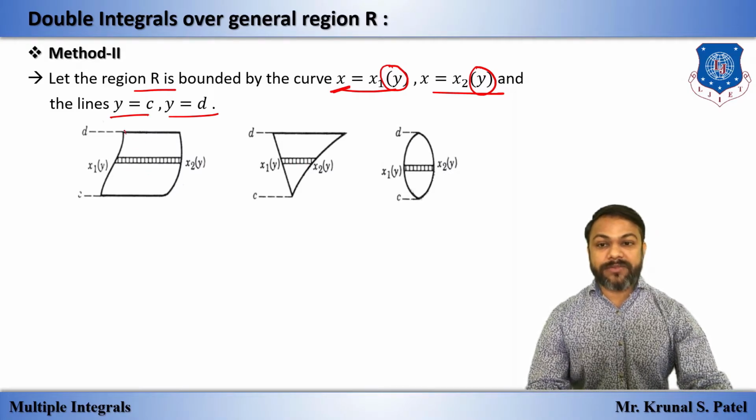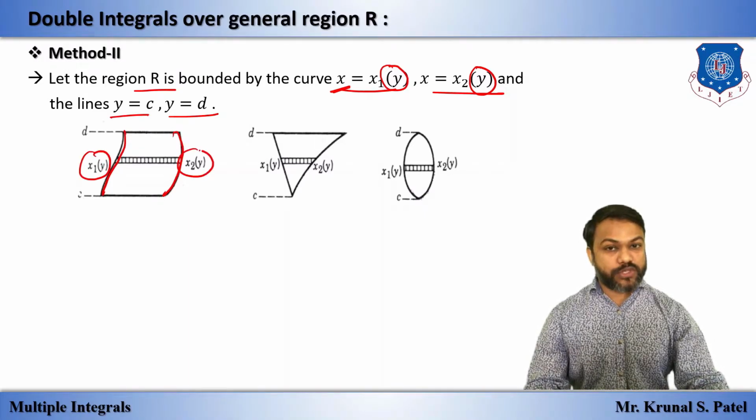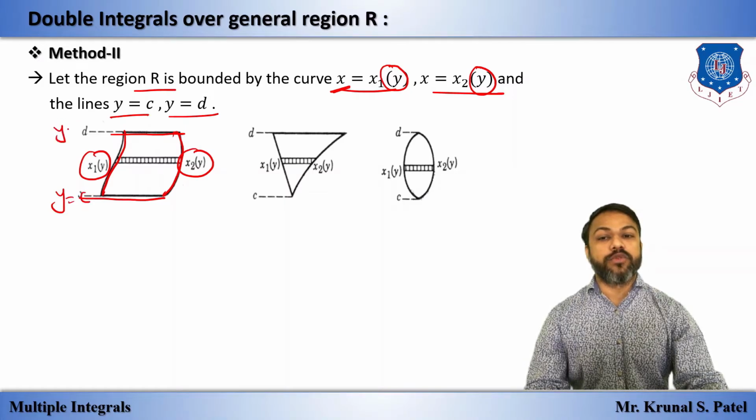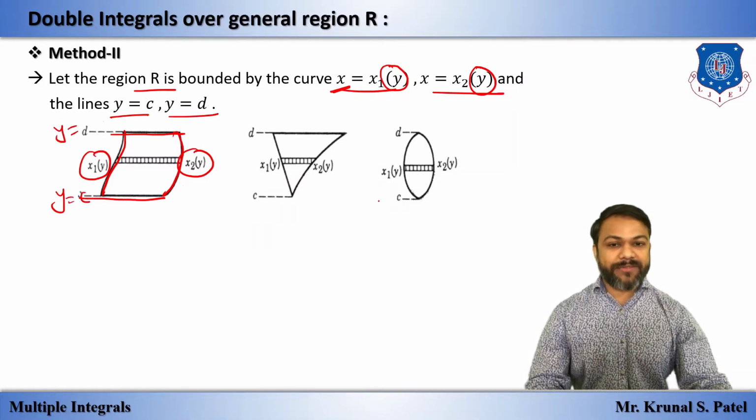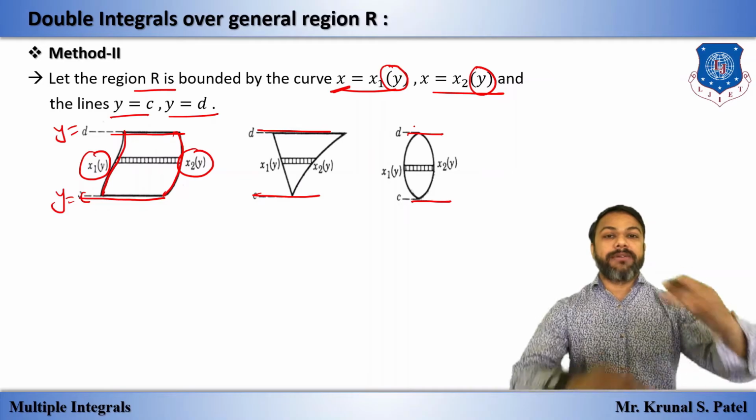This curve covers x1 and x2 in the form of y, with upper and lower y from y is equal to c to y is equal to d.